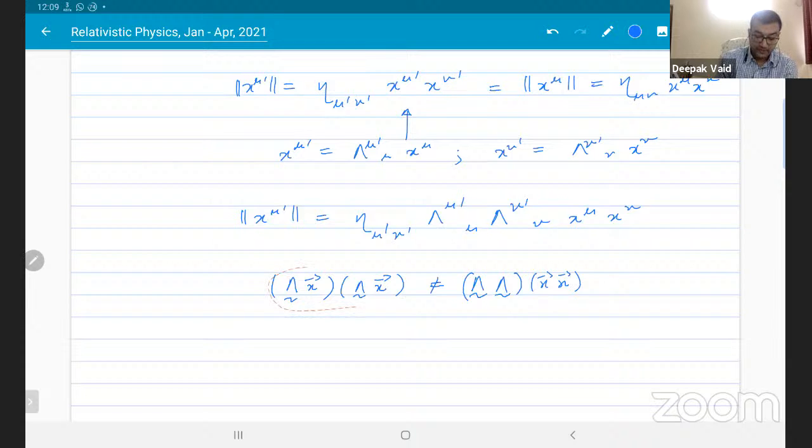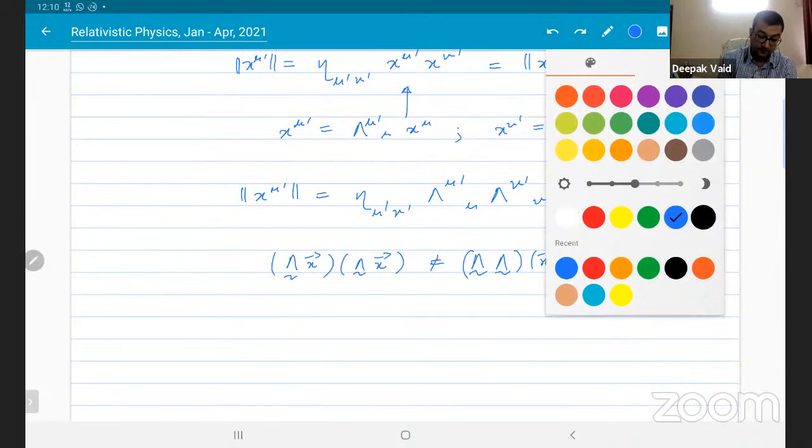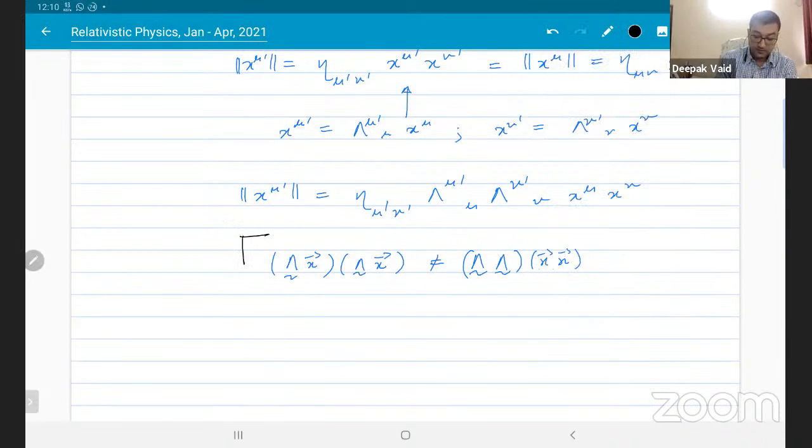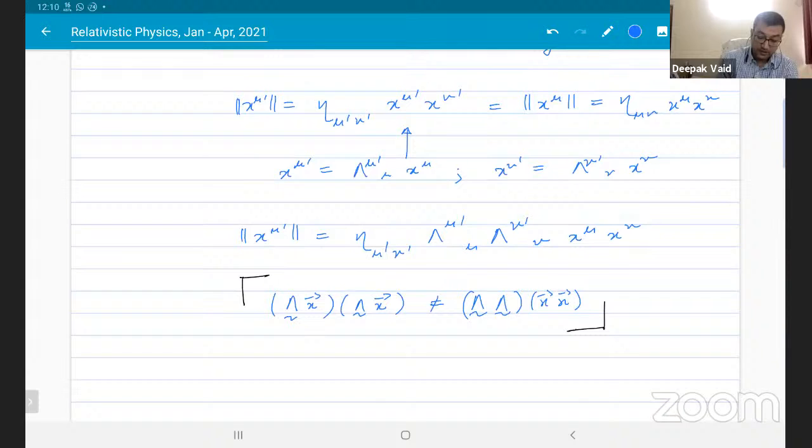But when you express everything in terms of indices, these are just numbers, so you can move them around arbitrarily.